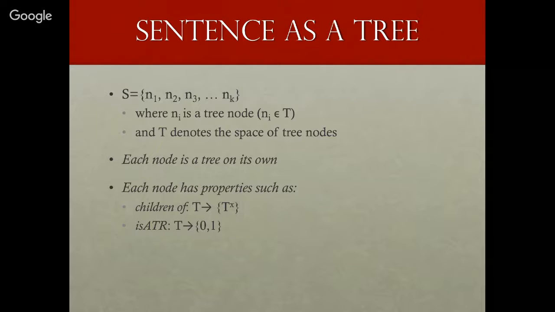For the second one, the is-attributive function, the output on the space of the tree nodes can be either 0 if it's not an attribute, or 1 if it is an attribute. Now, in order to quantify the use of Attic in this case, one needs to extract numerical descriptors. My work explores the possibility to establish a node-based metric so as to quantify the local morphology of each individual node and ultimately put everything together to assess the complexity of the sentence.